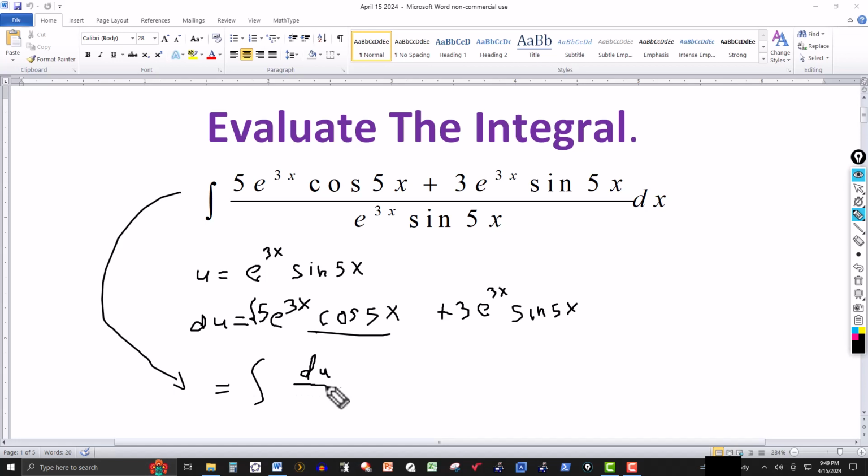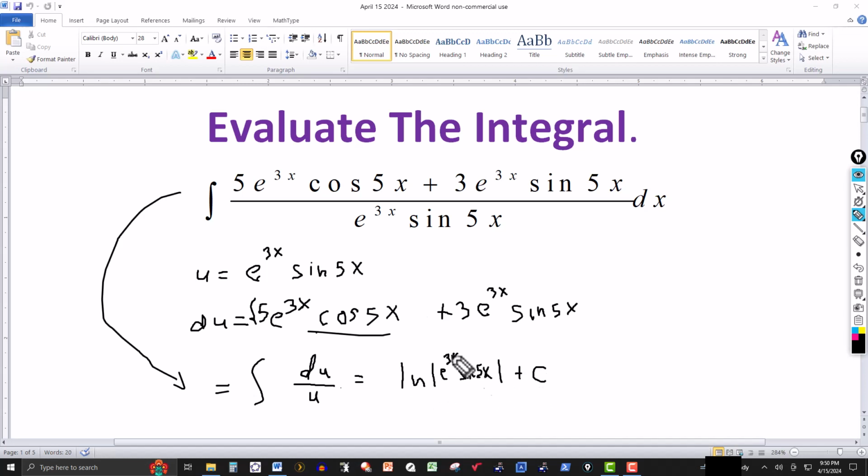So it's du, and then e to the 3x sine 5x, that's your u. And the antiderivative, or the integral of du over u, is the natural log of absolute value of u. And in our case, the u is e to the 3x sine of 5x, plus the constant of integration.